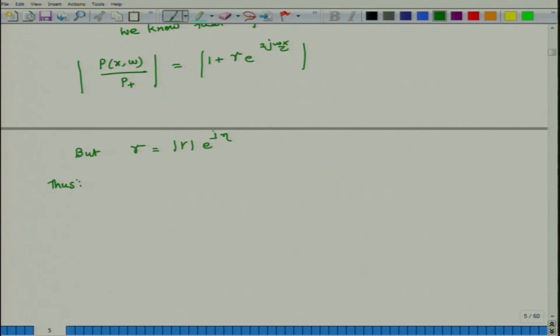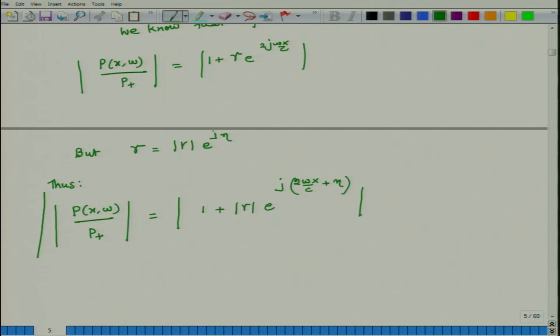Thus, the modulus of P bar of x omega divided by P plus equals the modulus of 1 plus the modulus of gamma times e to the j, 2 omega x over c plus eta, and the entire thing I have to take a modulus of.